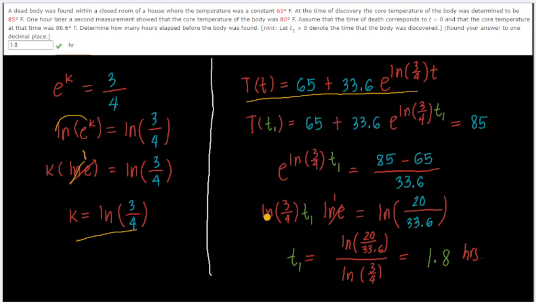Now taking the ln of both sides of the equation, ln of 3/4 times t1 times ln of e, which is just 1, is equal to ln of 20 over 33.6. We have here the value of t1 is ln of 20 over 33.6 over ln of 3/4, because we just divide both sides of the equation by ln of 3/4.